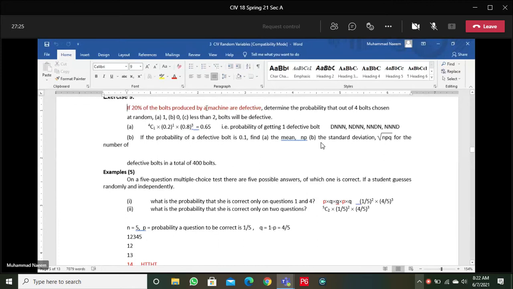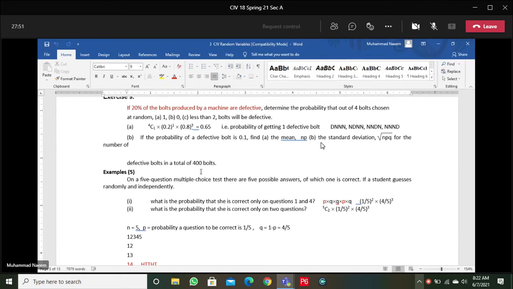Items produced by a machine are defective, so we should check whether this probability is for p or q, and then find the probability that fewer than 2 are defective. So we have X showing the number of defective items.